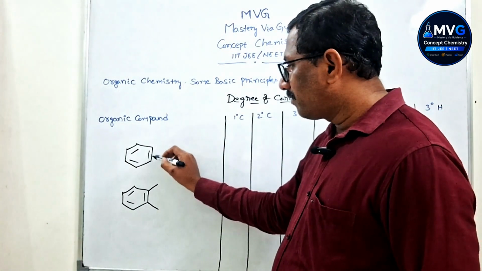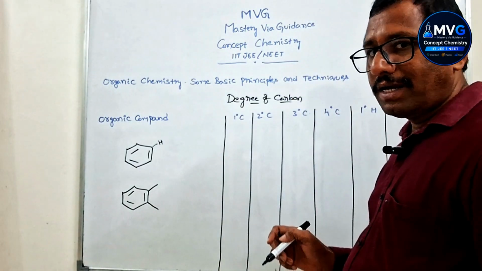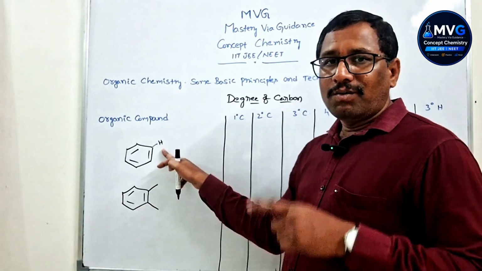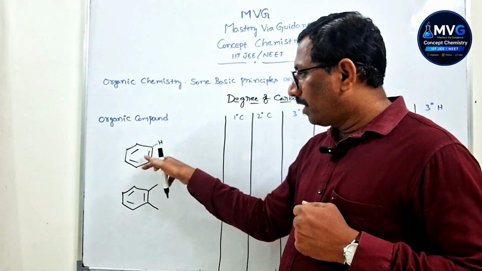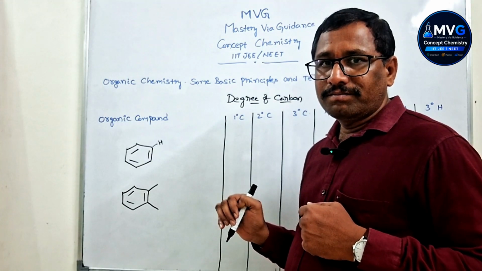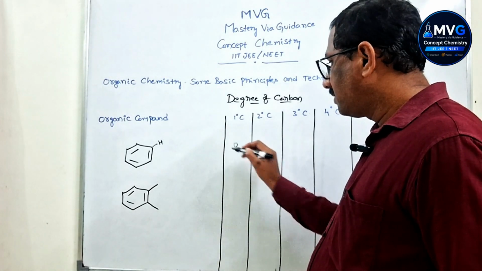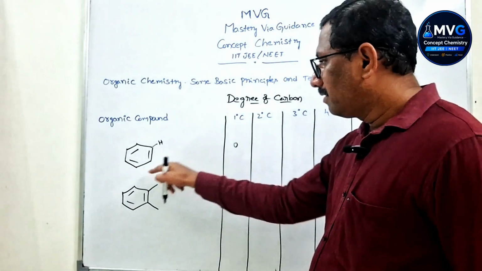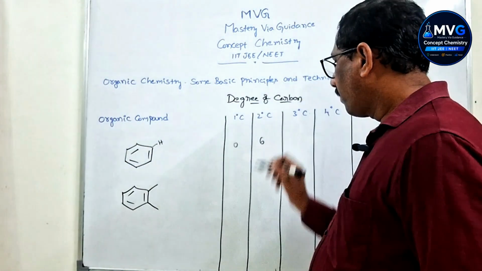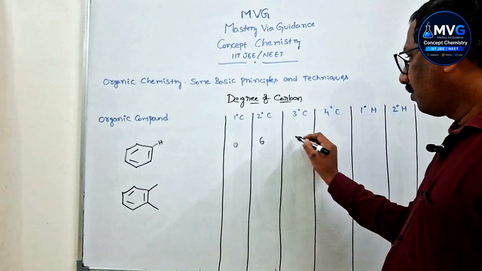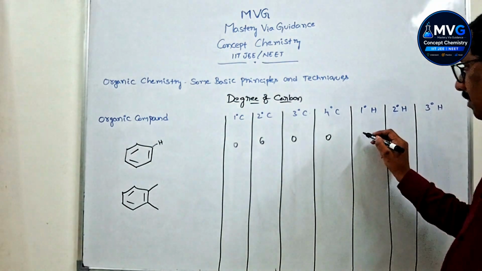We know carbon valency is 4, and the fourth bond is with hydrogen. Here the secondary carbon has only one hydrogen because it is bonded with a double bond. Now find, students, how many primary carbons? 0. Secondary carbons 1, 2, 3, 4, 5, 6. Tertiary carbons 0. Quaternary carbons 0. Primary hydrogens not there.